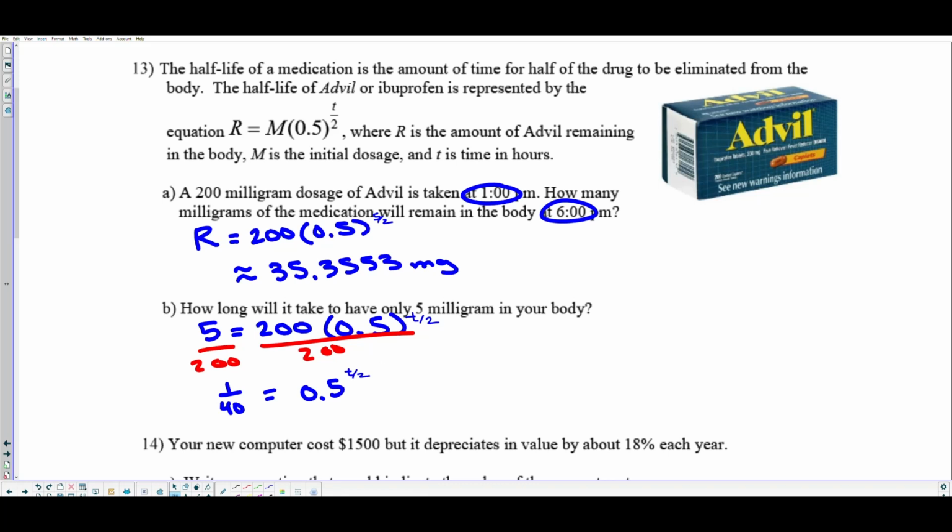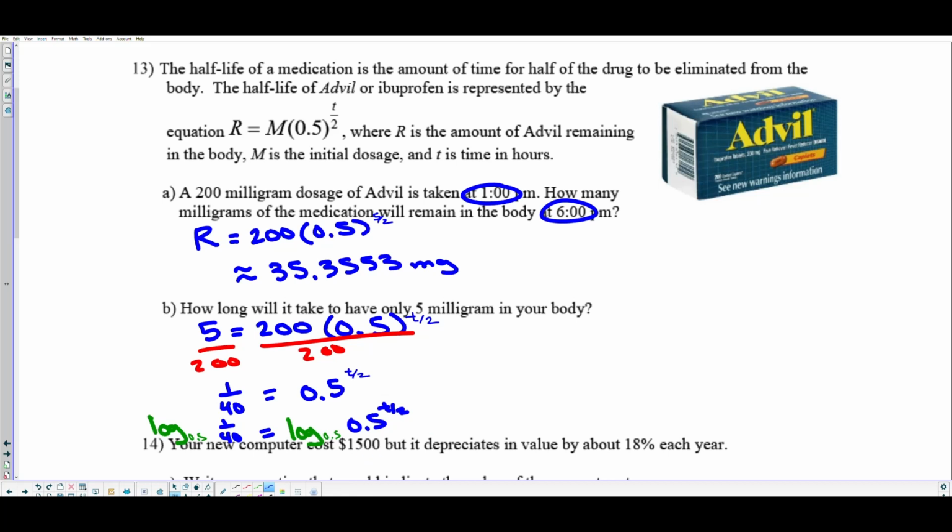Okay, in this case, I'm going to go ahead and do a log of both sides, because now I have a base of 0.5. So log base 0.5 of 1 over 40 equals log base 0.5 of 0.5 to the T over 2.